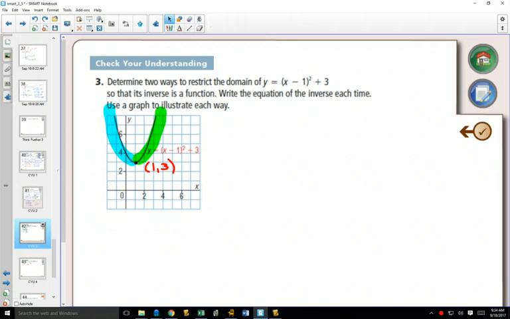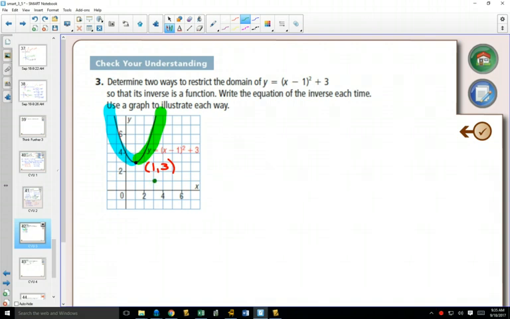Well, I'm going to graph it, and I'm going to graph the green part and the blue part with those different colors. So starting with my vertex, which could be in either color, I have the point 1, 3. If I switch x and y, I would have the point 3, 1. Agreed?